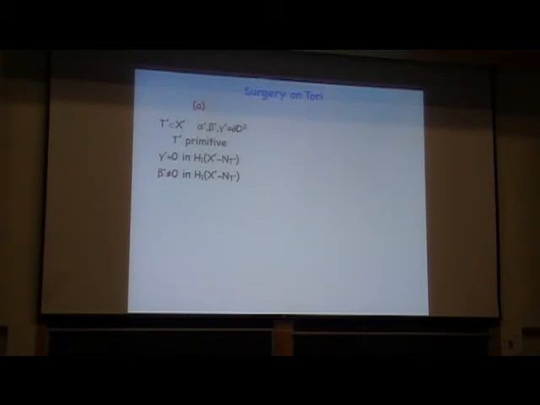So here's a general setup. You've got this 4-manifold X prime, a torus T prime sitting in it, and now everything's primed. So the generators of the homology on the boundary are alpha prime, beta prime, and gamma prime. Let's assume that T prime is primitive, representing a primitive homology class. That means it has a Poincare dual that intersects it once, and so its meridian must be trivial in the complement.